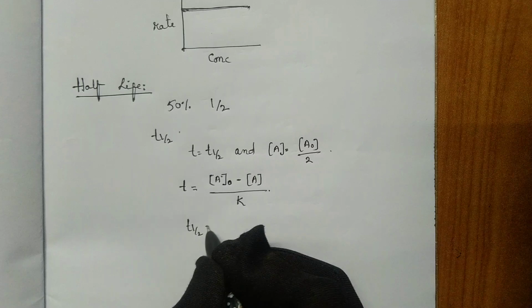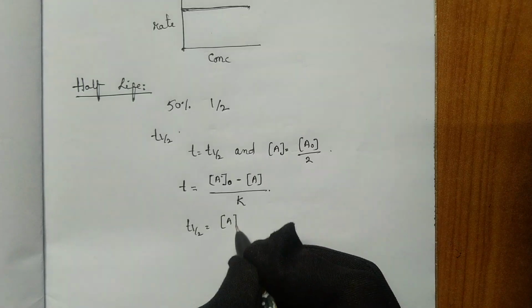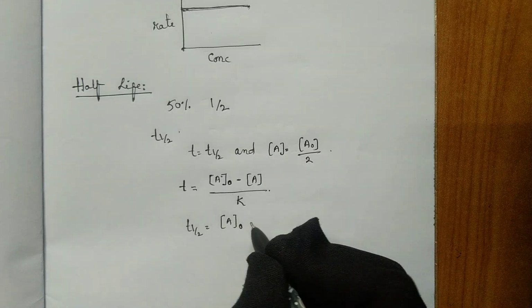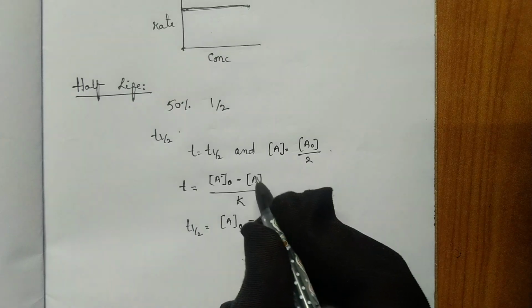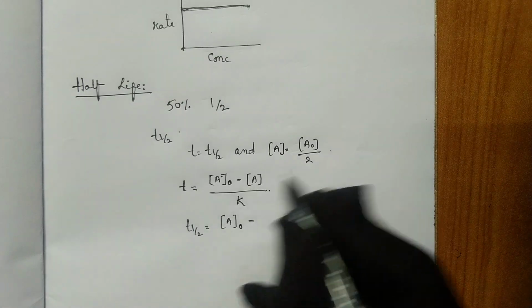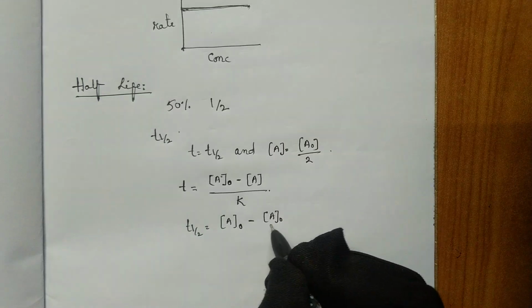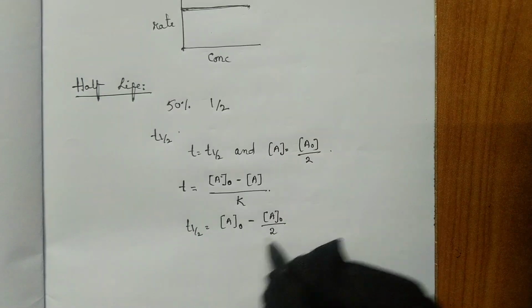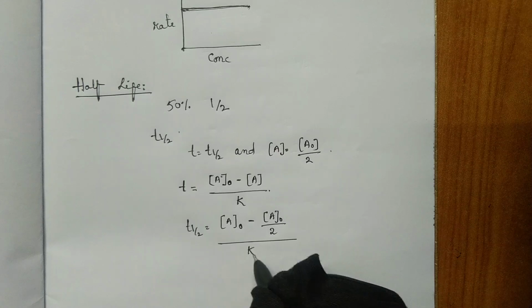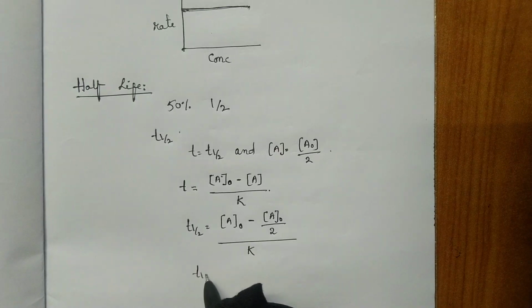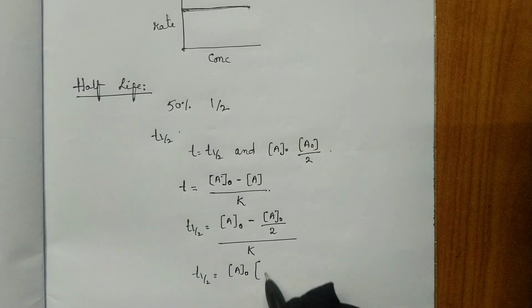Then t half = ([A]0 - [A]0/2) / k. If we take the initial concentration common, we get (1 - 1/2) divided by k.